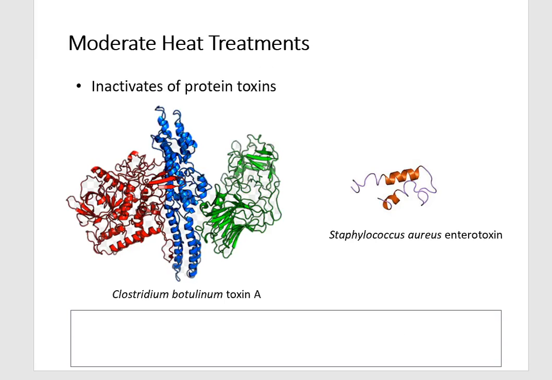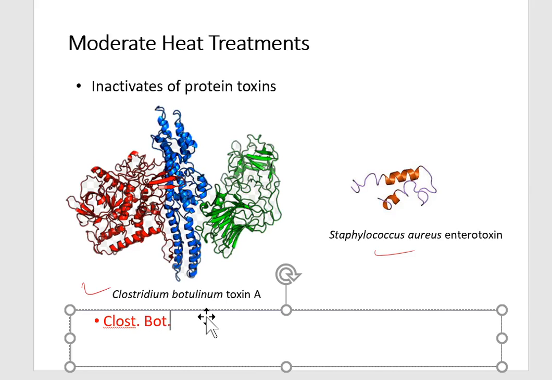The beneficial effects of heat treatment also include inactivation of protein toxins, such as botulinum toxin, and Staphylococcus aureus toxin. So for example, Clostridium botulinum.